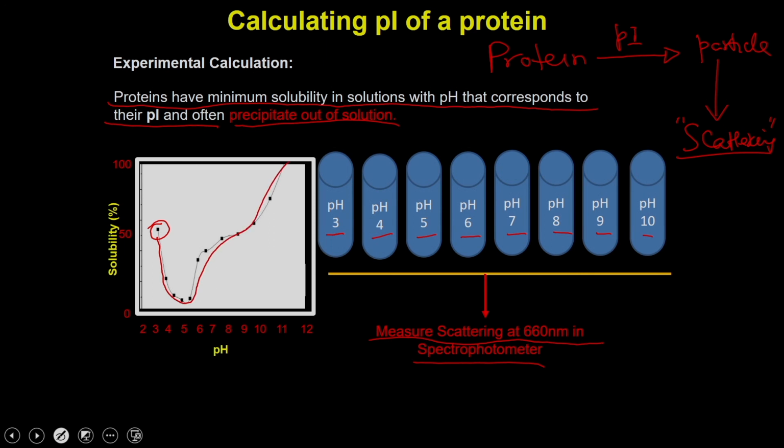As you go from pH 2 to pH 5, the charges present on the protein are getting neutralized, and as a result you have the minimum solubility, which means the maximum scattering. Once it reaches the minimum solubility, if you increase the pH again, it regains the charges and becomes soluble in the solution again.